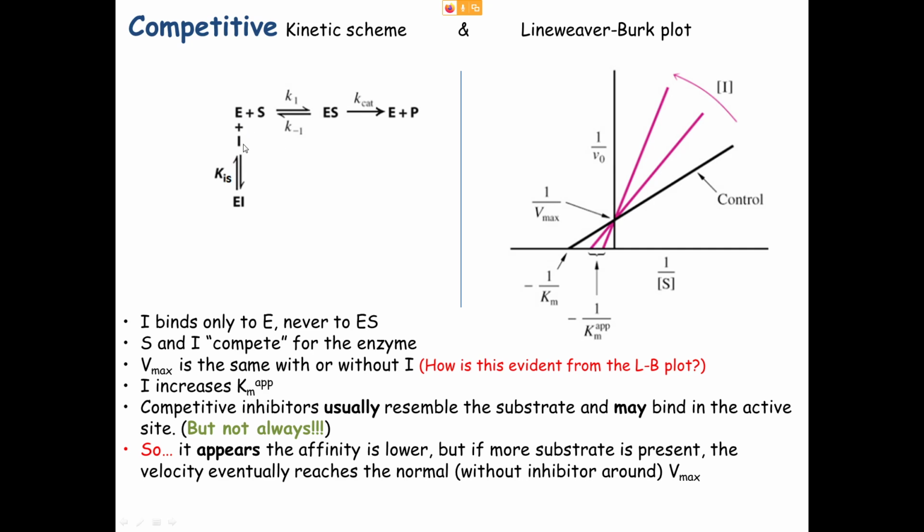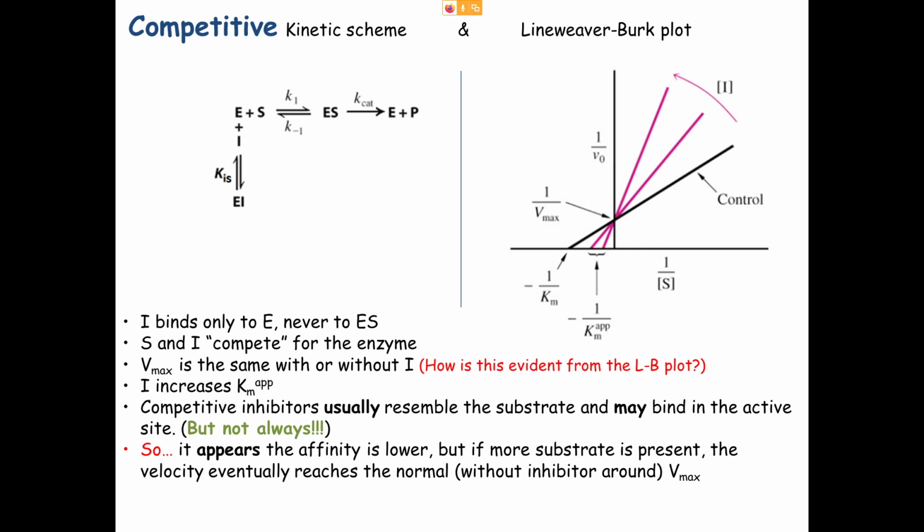So the inhibitor I can bind to the free enzyme, we call it, and form an EI complex, much like E binding to S forms an ES complex. But if the substrate is already bound, in other words, ES, the inhibitor cannot bind. So this says a competitive inhibitor can only bind to the enzyme if the substrate is not bound.